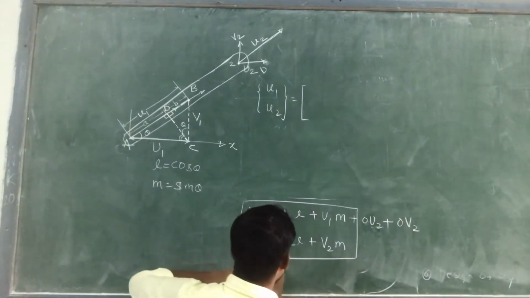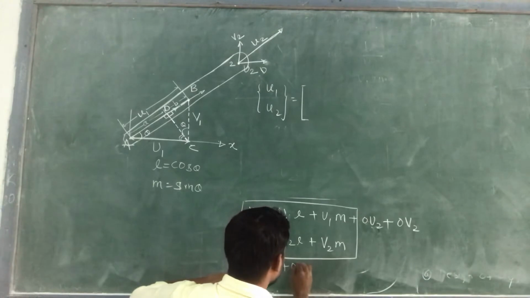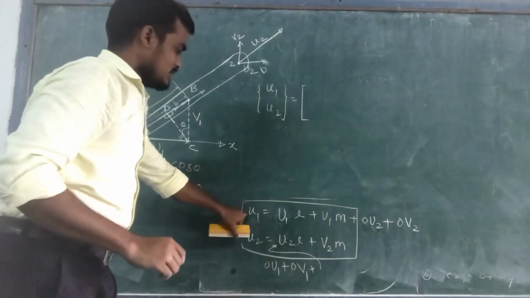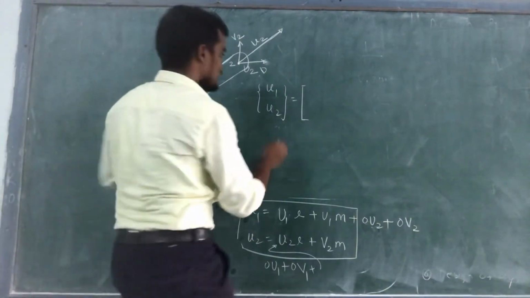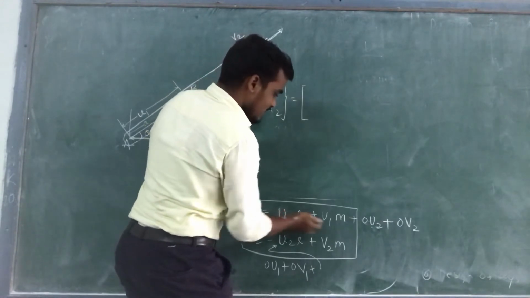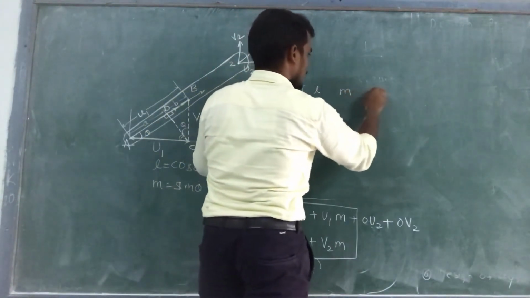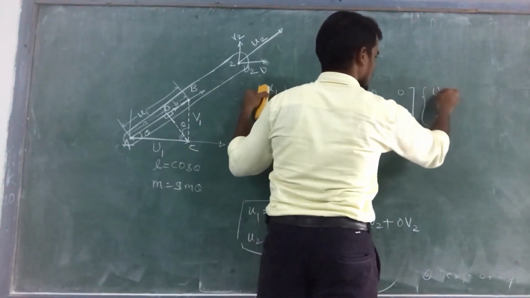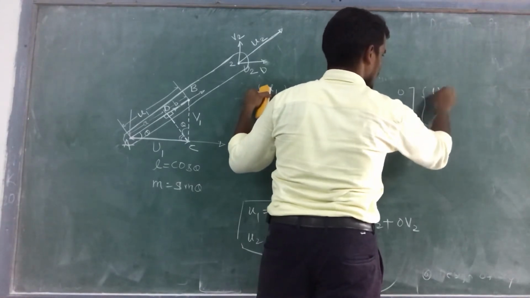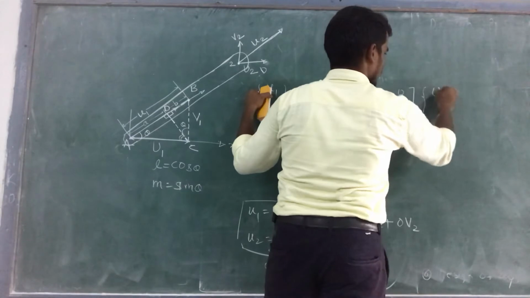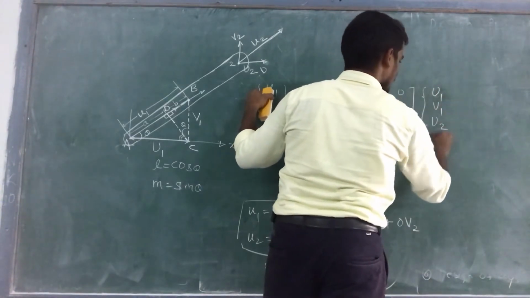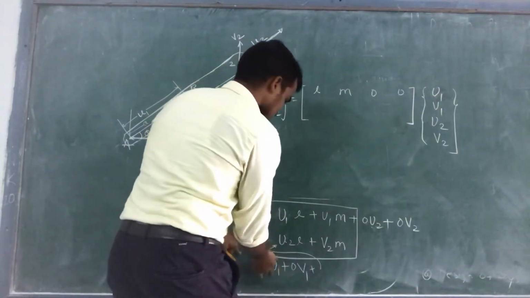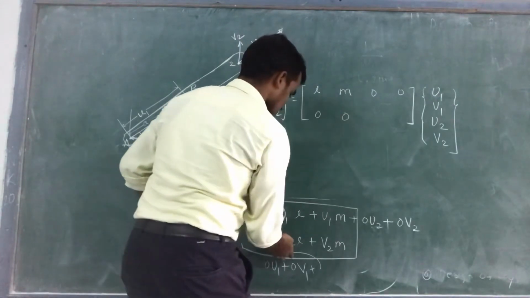Similarly, 0 times u1 plus 0 times v1 plus these all terms. So we can write u1 and u2 in matrix form: u1 will become L M 0 0 times u1 v1 u2 v2. Similarly, u2 will become 0 0 L M.